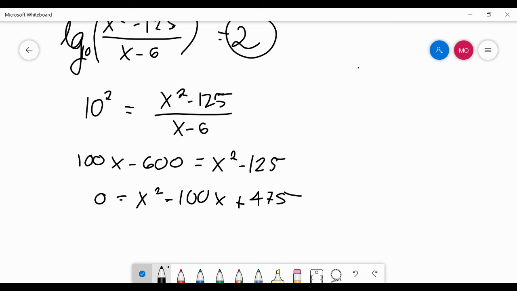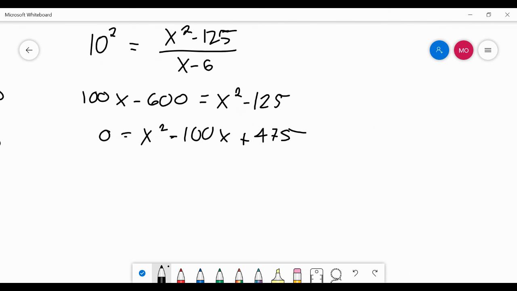Let's see. I think I'm just going to be a little bit lazy and use the quadratic formula. When I calculated my discriminant beforehand, I got that it is 90 squared. I hope this is correct. So it means my two values of x would be given by 100 plus minus 90 over 2, which is pretty sweet.